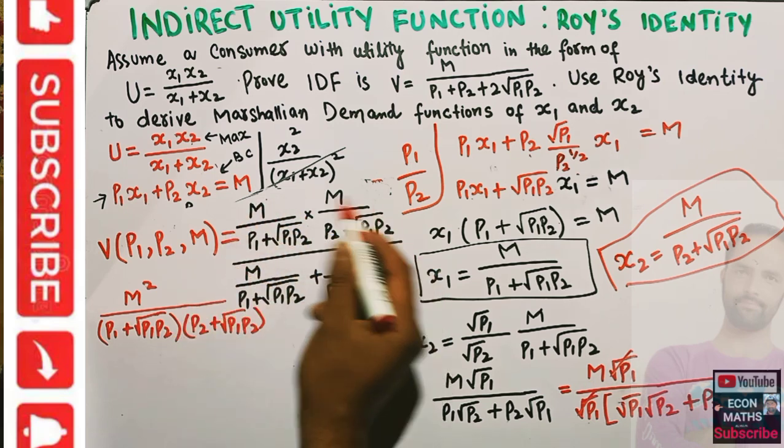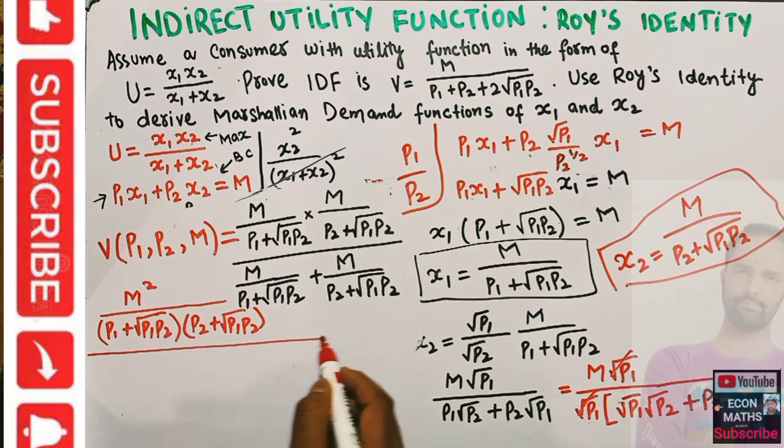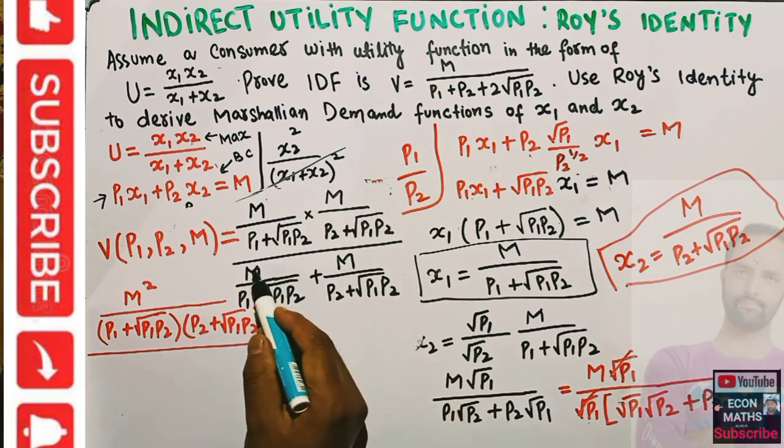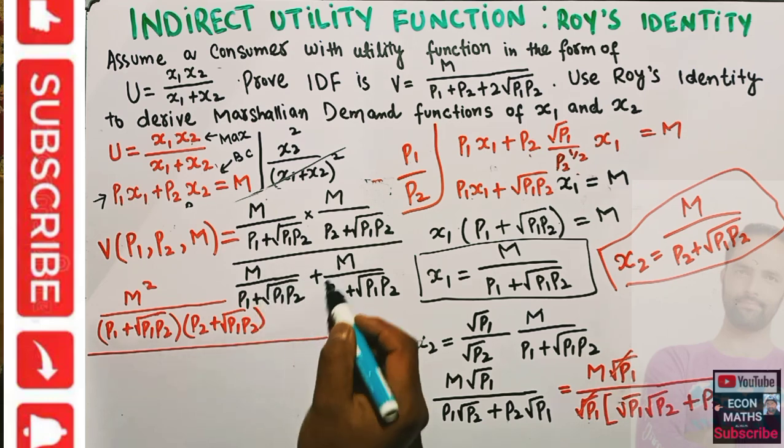This is the numerator, whole divided by, again here we have to do cross multiplication because we have plus here.